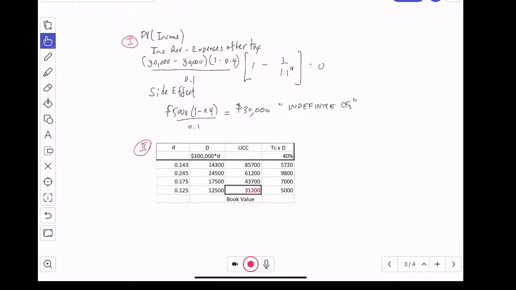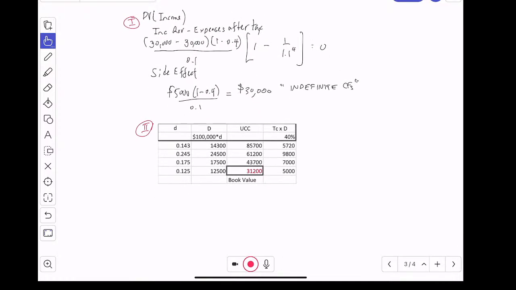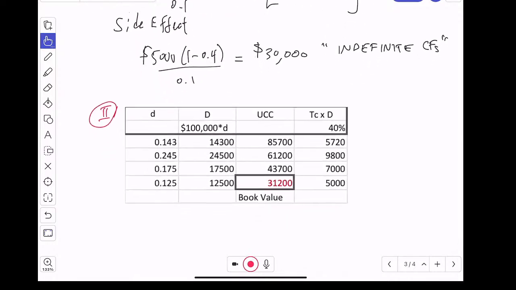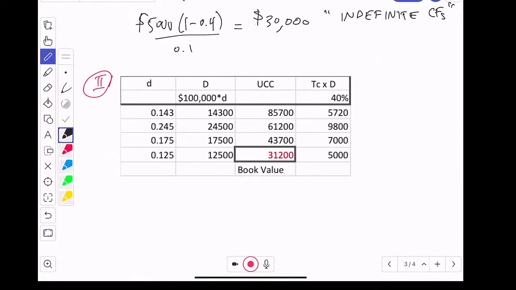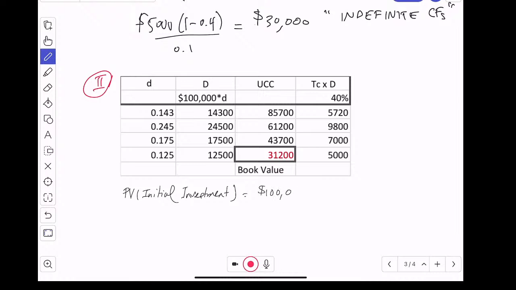All right, so we have those two tables done, and now we put it together. The present value of the initial investment is $100,000.